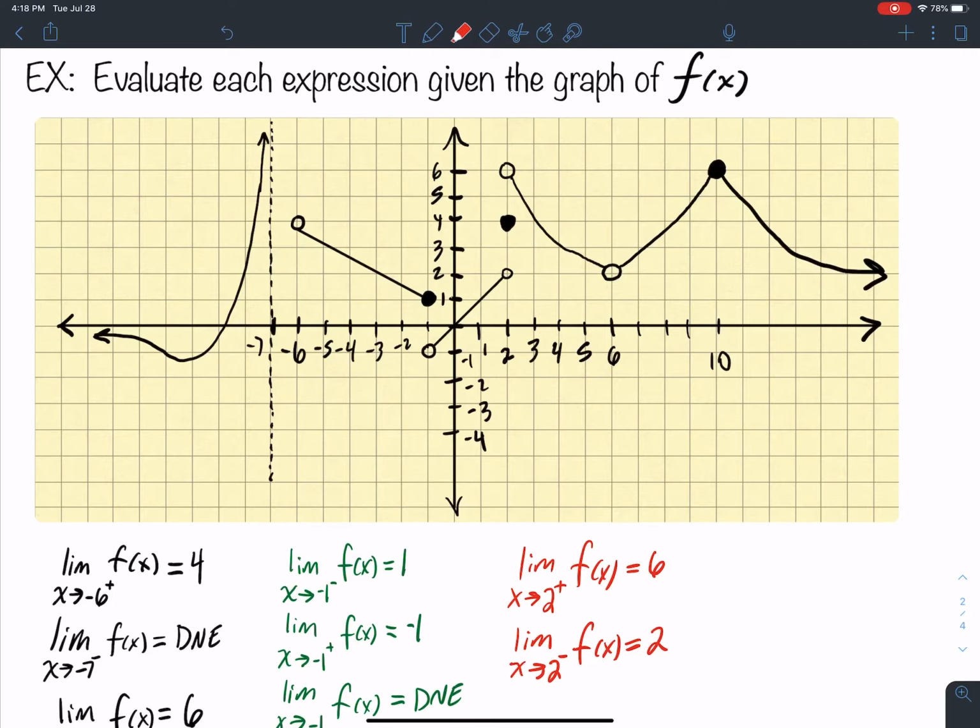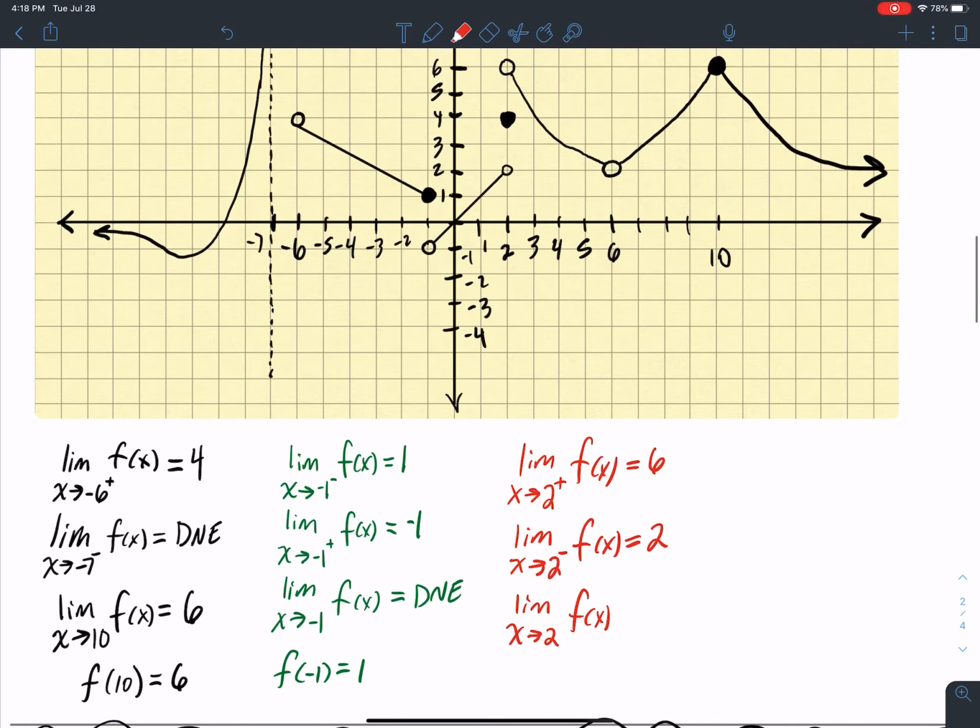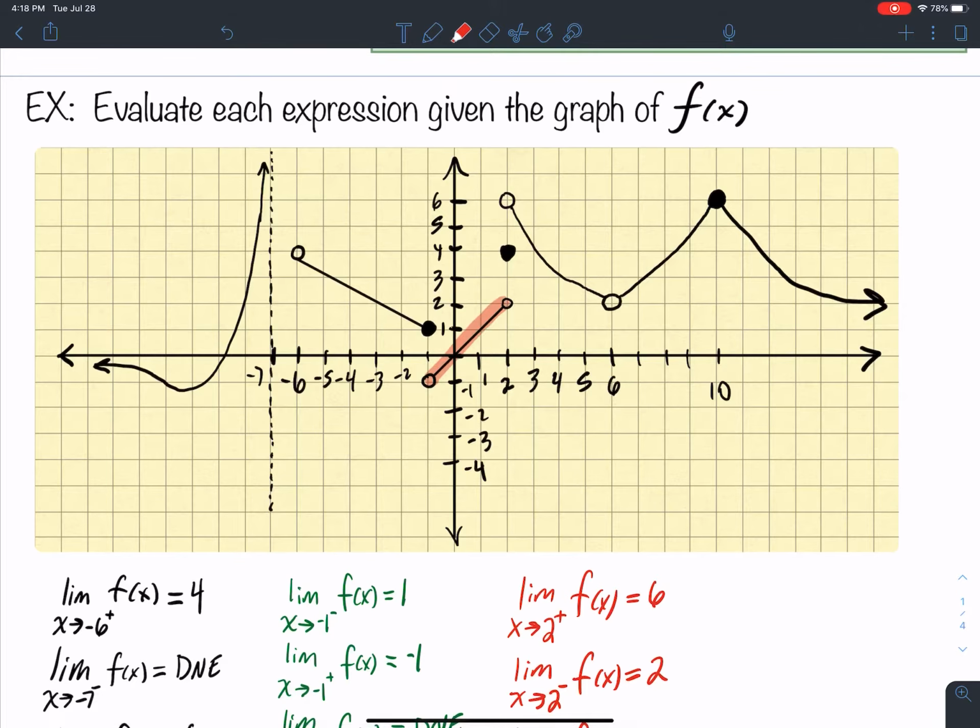You can almost think of the limit as the y value in some sense, corresponding here. It's not quite the y value though, and we'll illustrate that in just a second. But f of x, limit as x goes to 2, well, from the left side it goes up here, and from the right side it goes up even higher, okay?